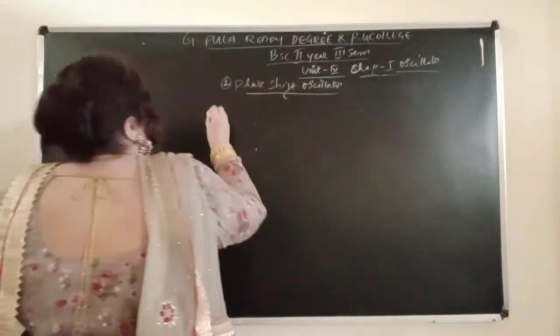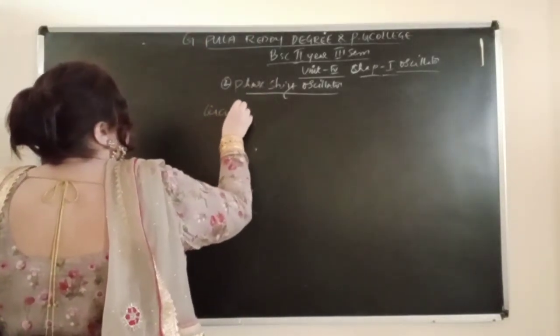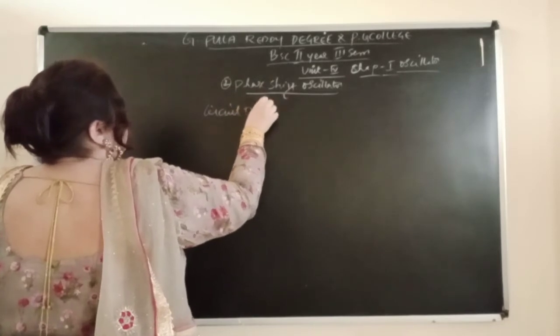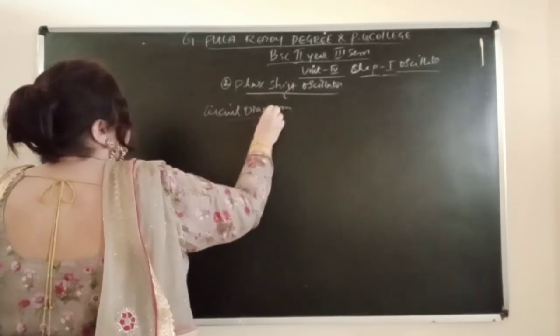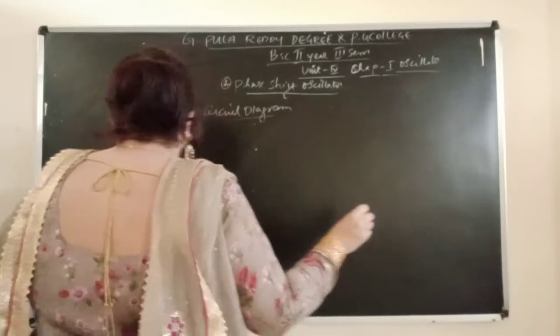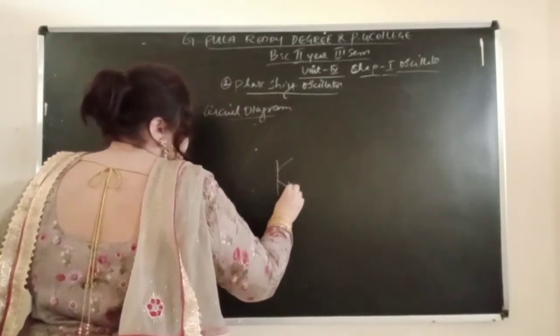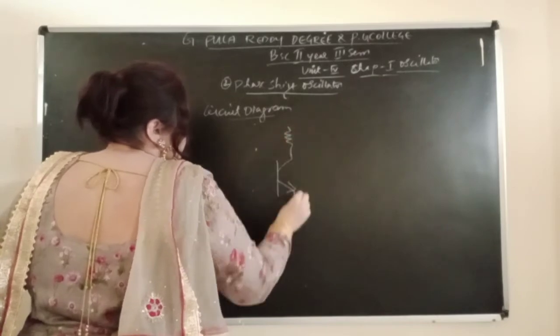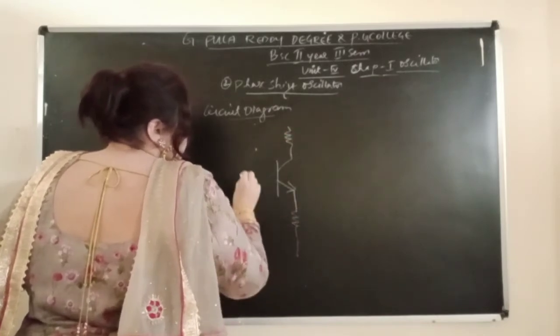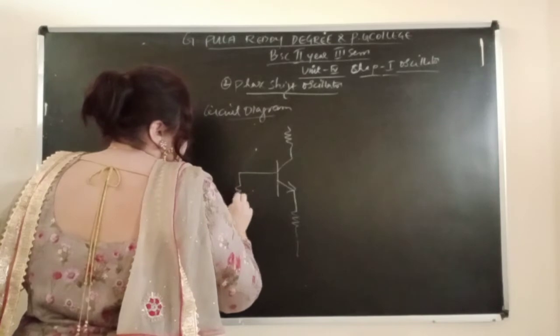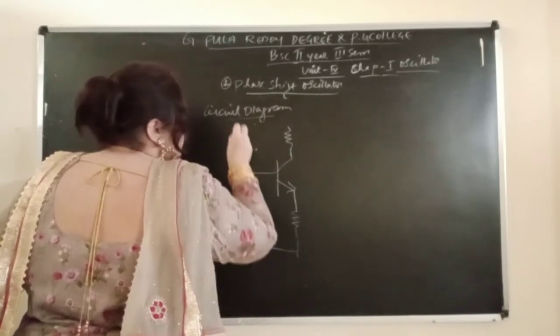Circuit diagram: you should draw it neatly. First draw a transistor, two resistors, and here also two resistors, and join them.